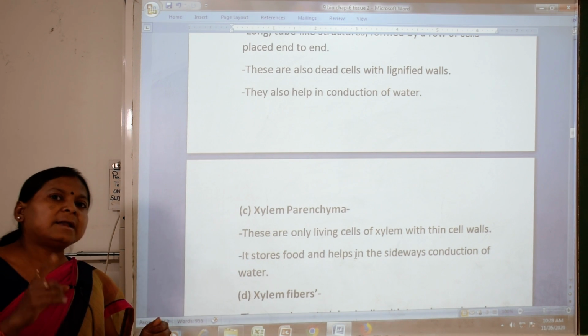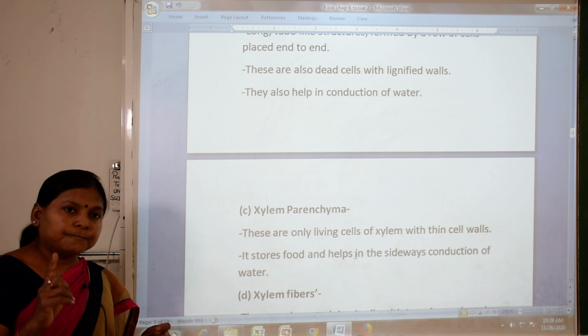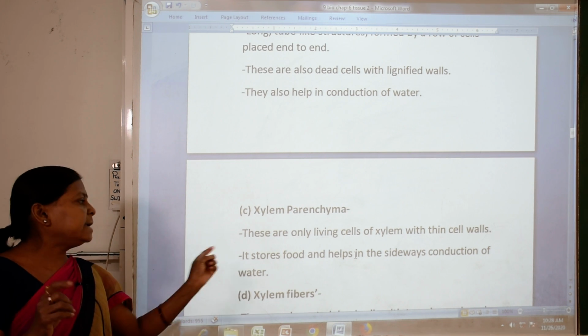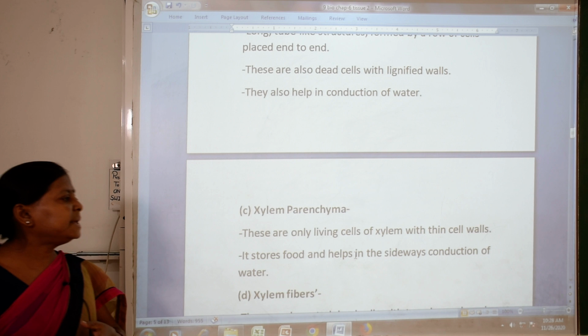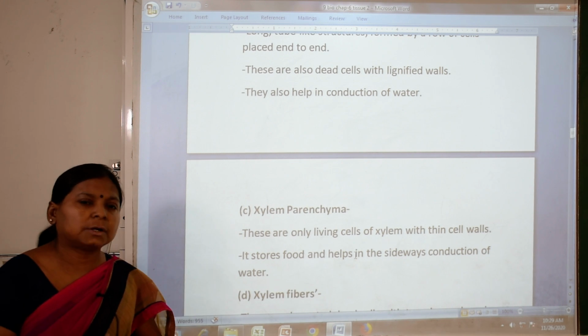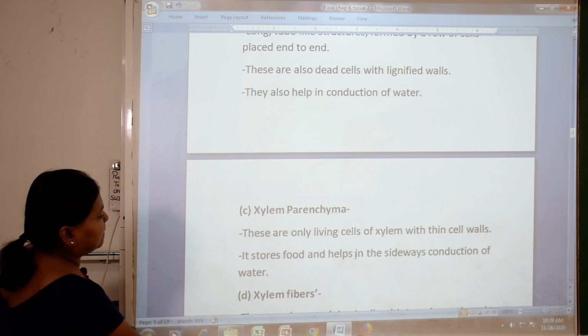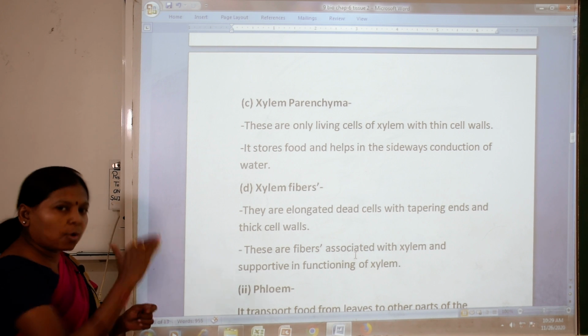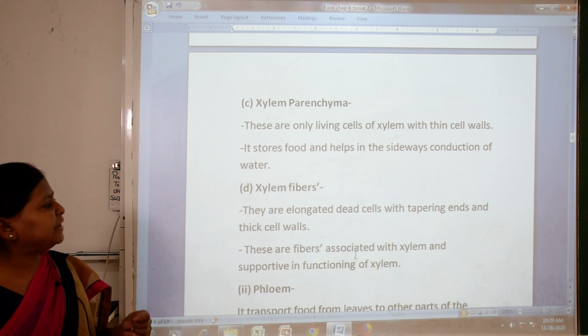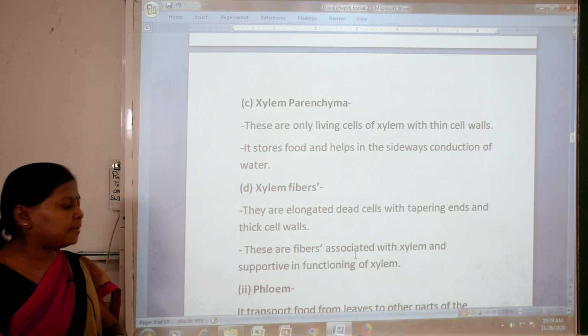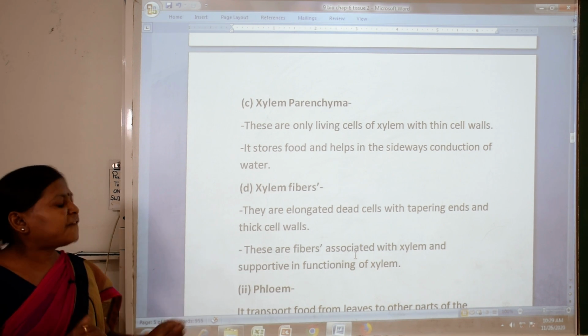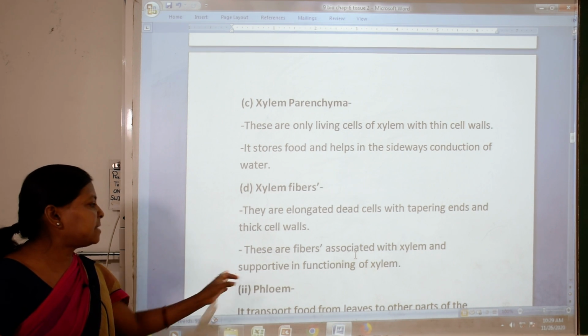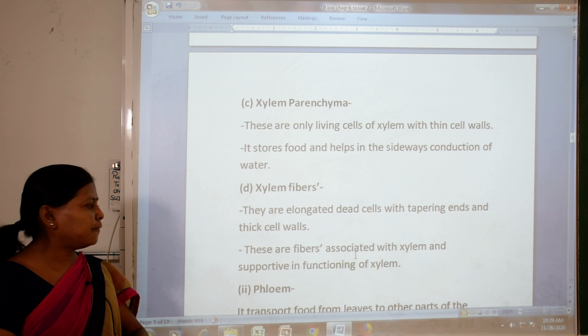These are the only living cells of xylem, with thin cell walls. They store food and help in the sideways conduction of water. Next is the xylem fiber. They are elongated, dead cells with tapering ends and thick cell walls. These fibers are associated with xylem and support its functioning.